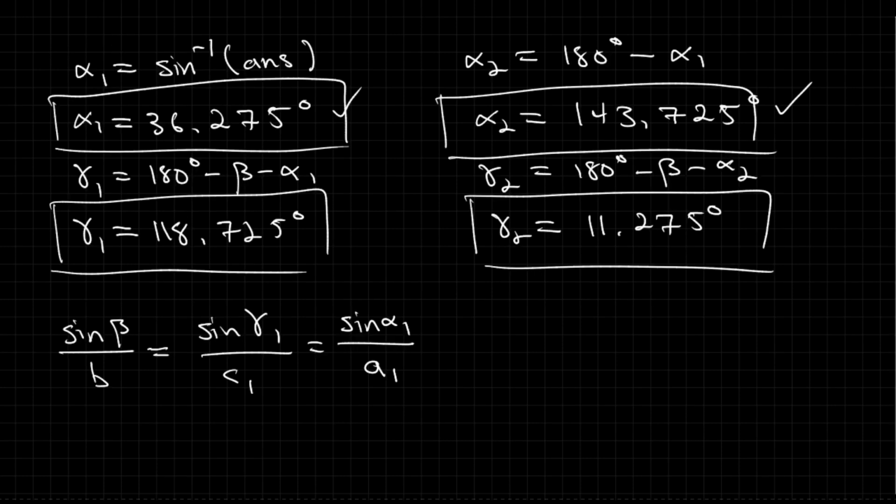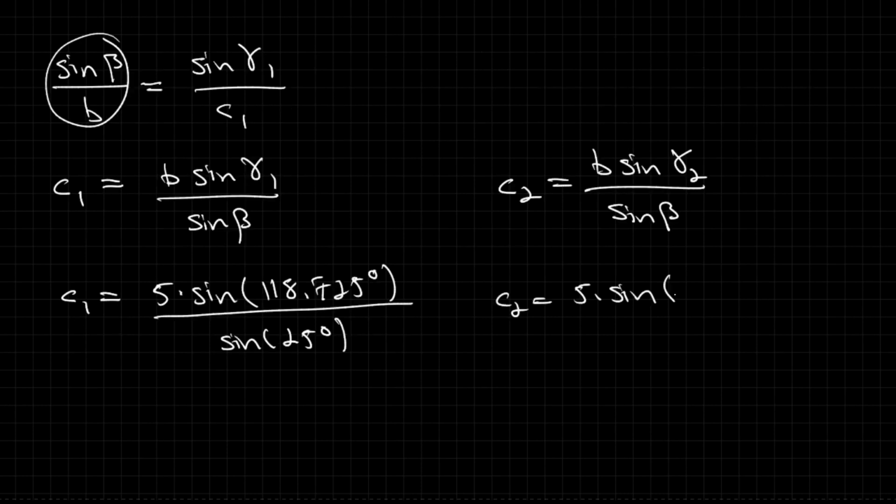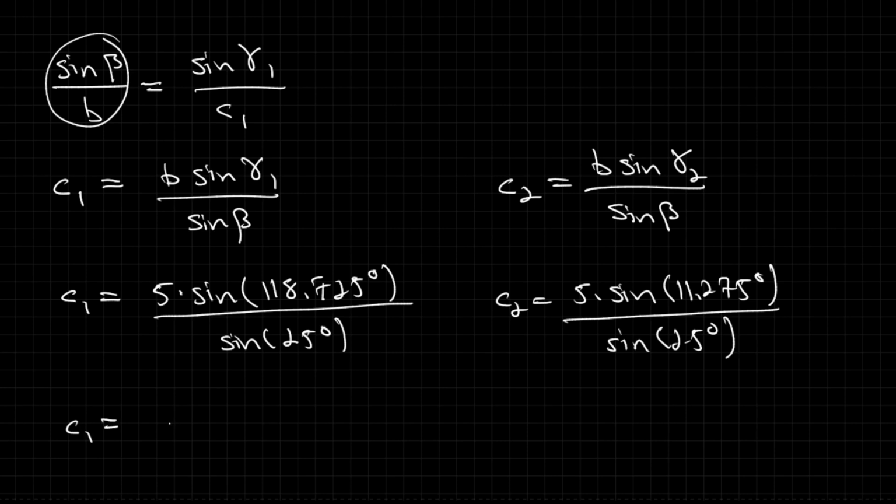Gamma 2 was 11.275, all divided by sine 25 degrees. And so my C1, the C for my first triangle, is 10.375. And my C2 ends up being 2.313.